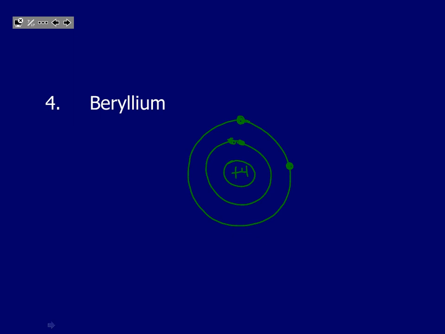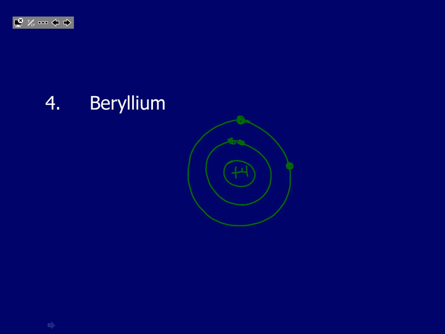Let's notice another trend here. How many electrons does hydrogen have in its outermost shell? Go back to hydrogen. It only has one shell, so that is its outermost shell. How many electrons does it have? 1. How many electrons does lithium have in its outermost shell? Go to lithium. We just did it. Look at its outermost shell.